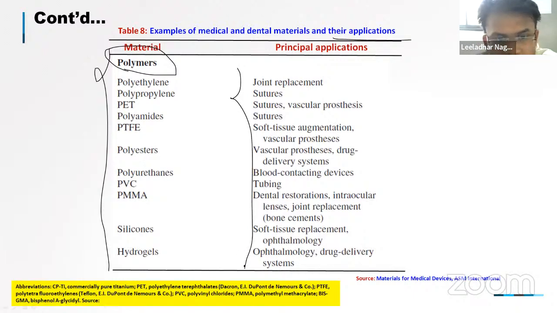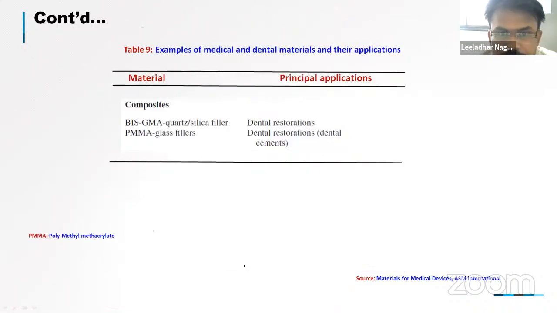I am not going into detail, just for your information I have mentioned this table. These are the composite materials which are used for dental restorations. This is basically the dental cements. This particular composite material is used in the biomedical field.